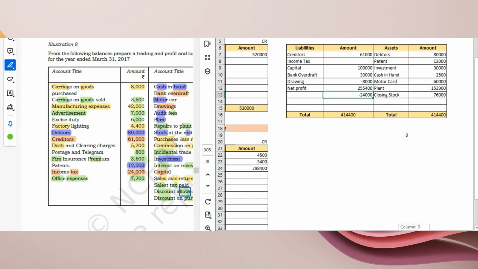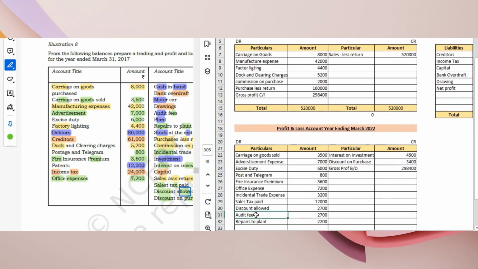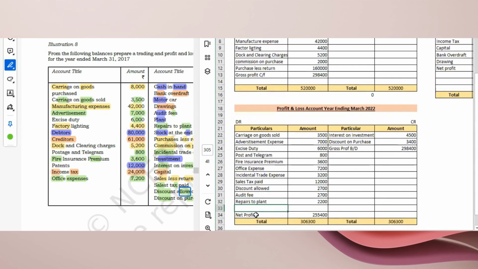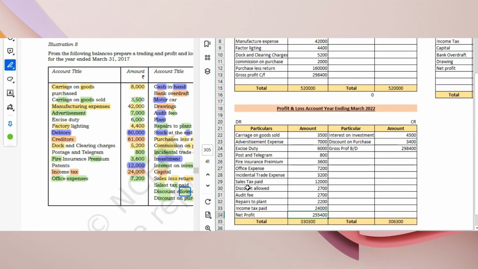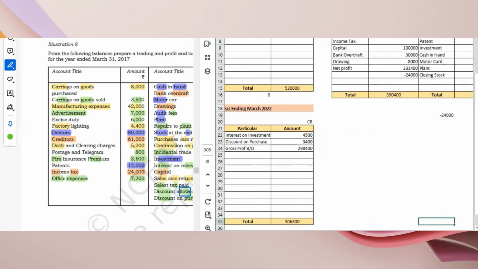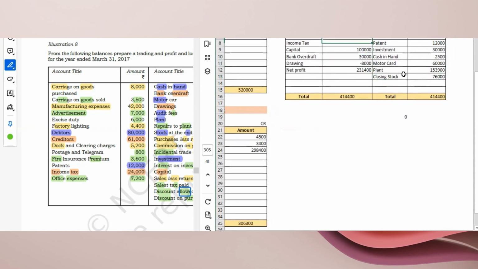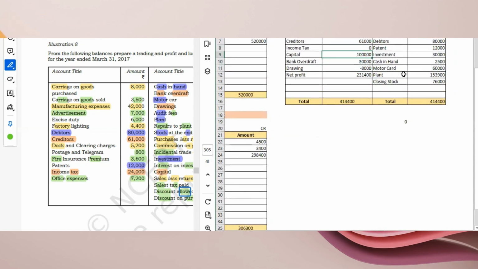So instead of showing it, the same way we show sales tax paid, we will show it as income tax. So this is an expense. It is already incurred, already paid out for that particular year. So 24,000, my total minus 24,000. If I remove this, the balance is matching. So simple, right?